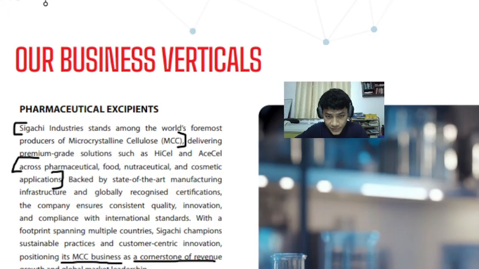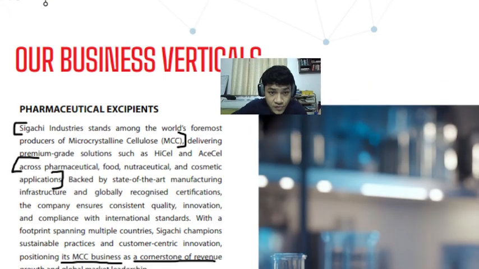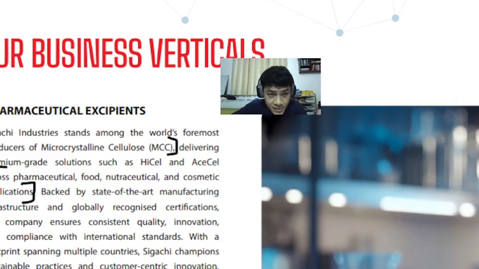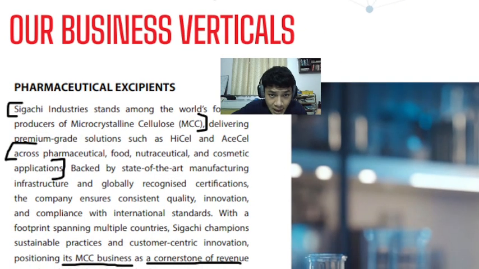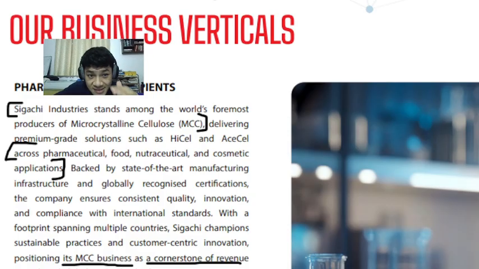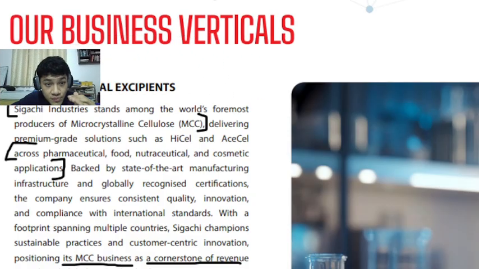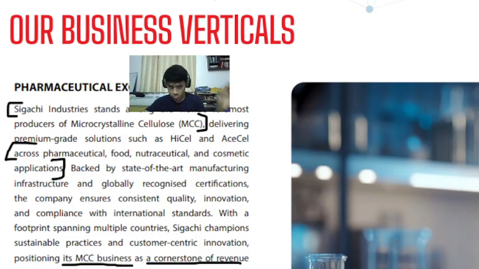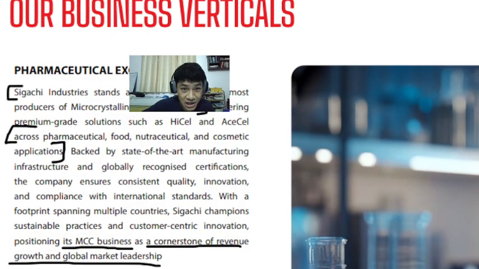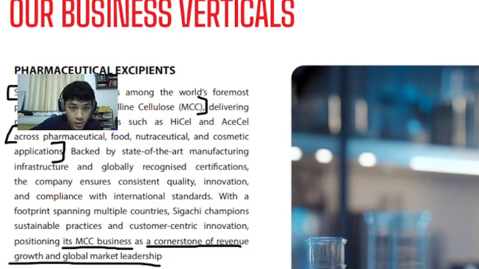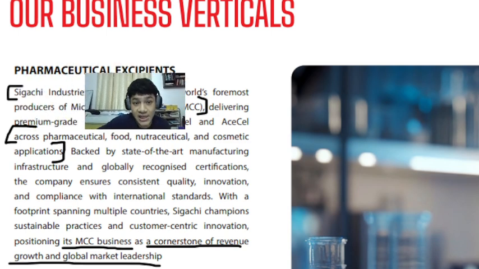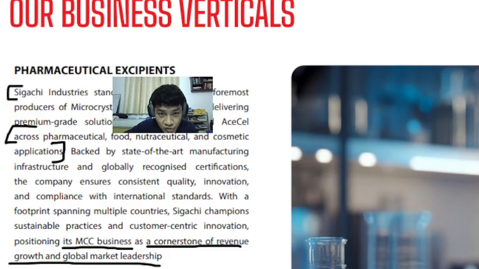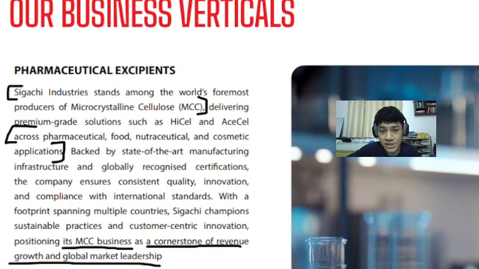Moving on, we have the business verticals. Here they have explained it. Let's read. Sigachi Industries stands among the world's foremost producers of microcrystalline cellulose. So, one of the largest producers. Important, this product, MCC, is used across pharmaceutical, food, nutraceutical, and cosmetic applications.